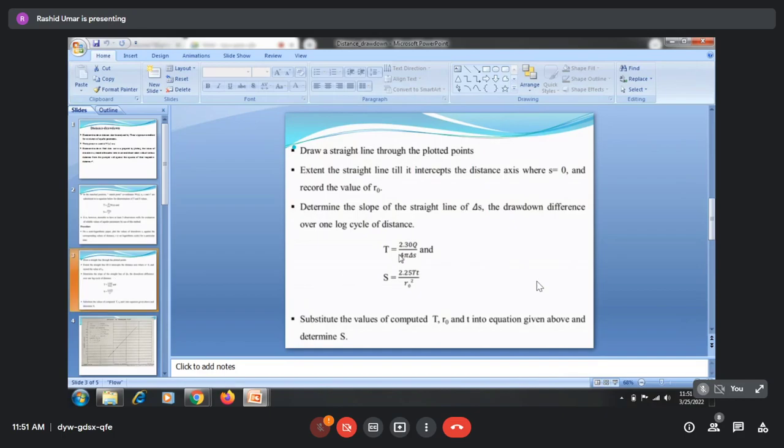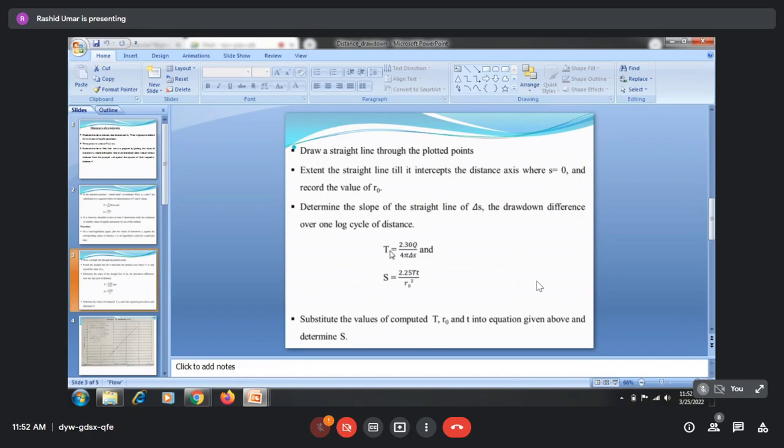So the procedure is simple here again: T is equal to 2.3Q over 4 pi delta S. This is for evaluation of transmissivity, and S is equal to 2.25 T t over R square 0. This is for the storage coefficient. By using these formulas, we can make use of distances and calculate the transmissivity and storage coefficient.